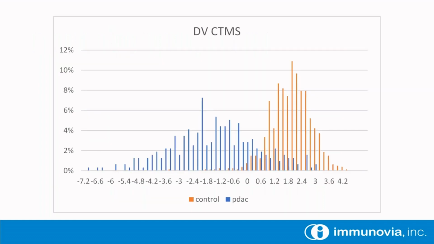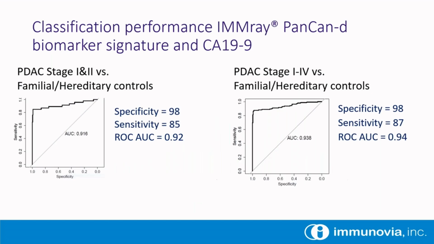Importantly, this is a similar histogram that shows the results of the study that was used to develop the model that we use now for IMRE PanCan-D. This study was performed over a year before the study in Marlborough and was composed of completely independent samples. I think that the similarity of the results is rather striking and speaks to the reproducibility of this assay.